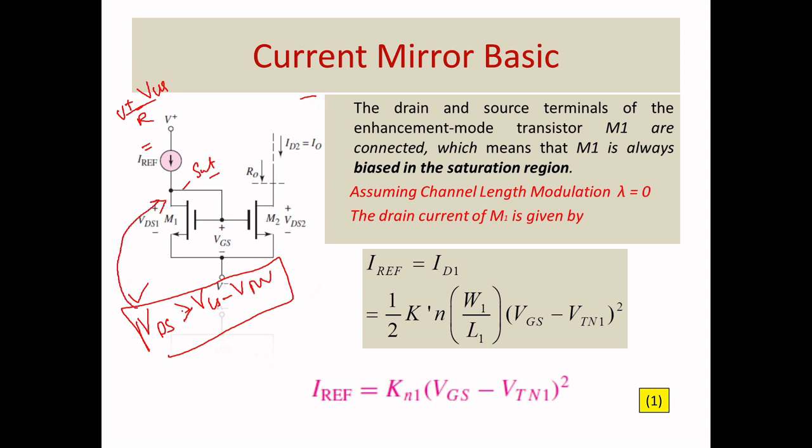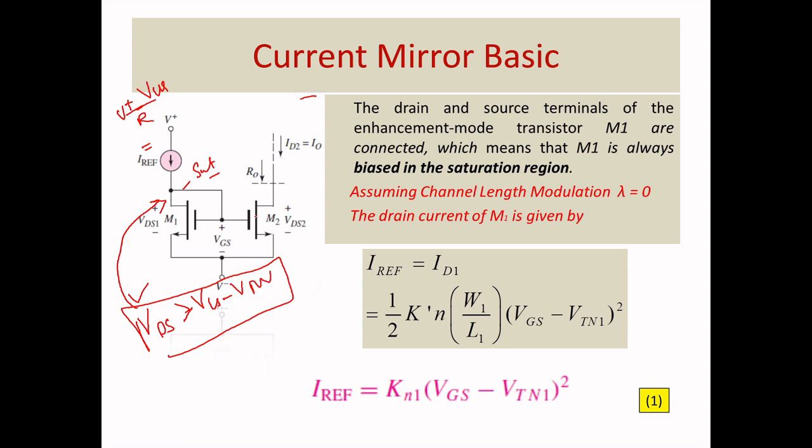That we explained in the last lecture. So VDS will be greater than VGS minus VTN, which says that it is working in the saturation region. So when you bias the same voltage to M2, the same current I0 will be produced. The I0 will be equal to IREF if M1 and M2 have identical characteristics.